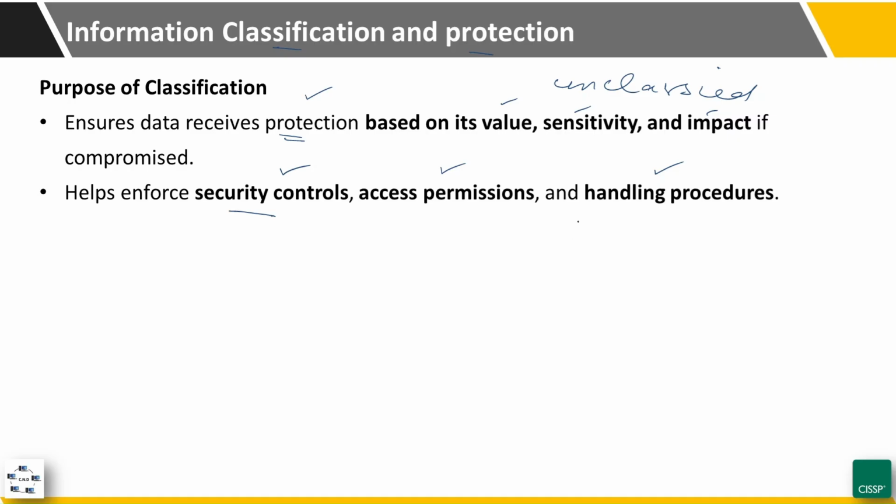Very highly sensitive data, we will encrypt and then store. Similarly, the last step was destruction. For less sensitive data, such as this presentation, I will simply delete it. But for highly sensitive data, I won't simply delete it. I will destroy the hard drive so that it is inaccessible.